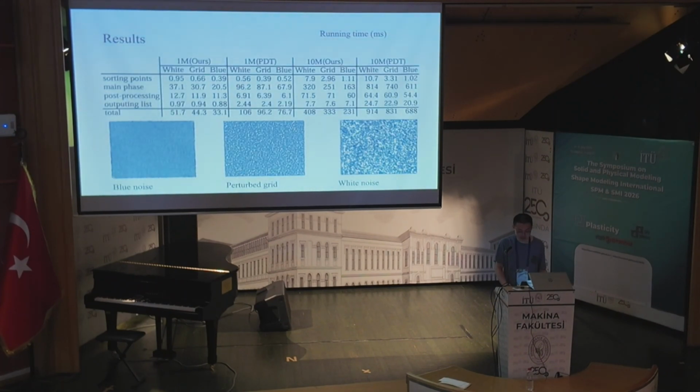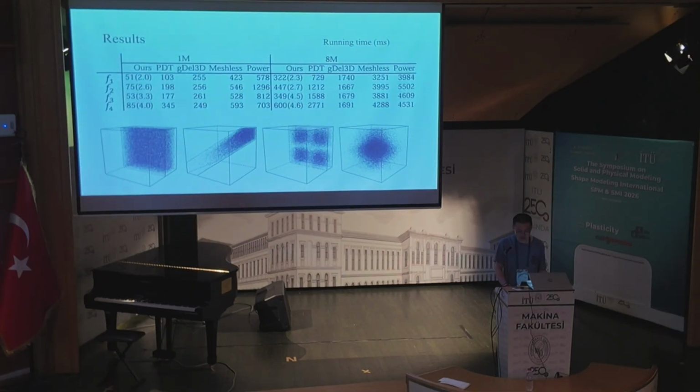Now let's check the results. We first evaluate our method on three uniform distributions: white noise, turbulent gray, and blue noise. Compared to PDT, we can see our method consistently demonstrates higher efficiency across these distributions.